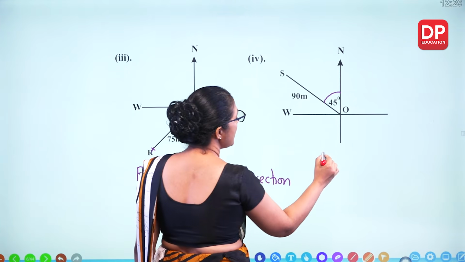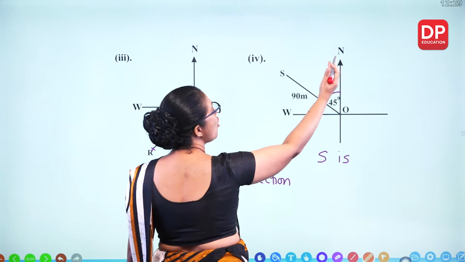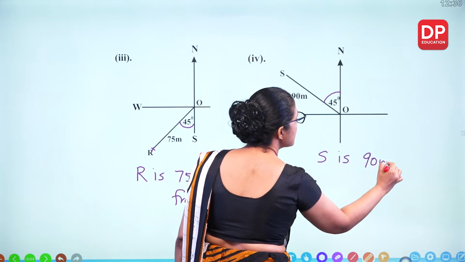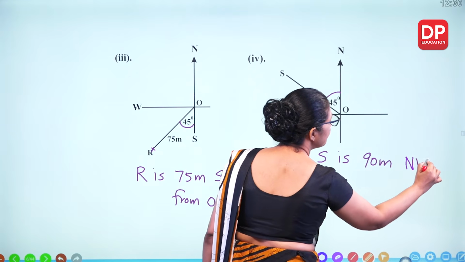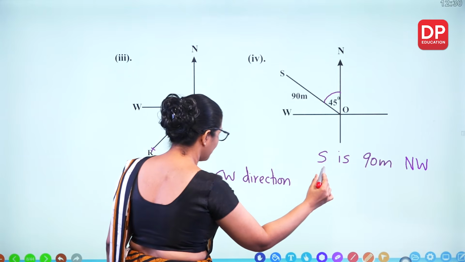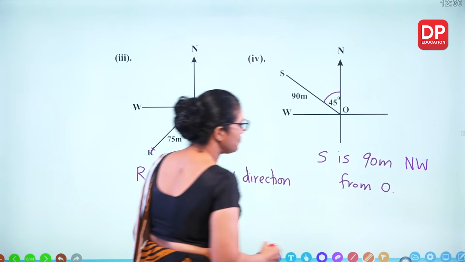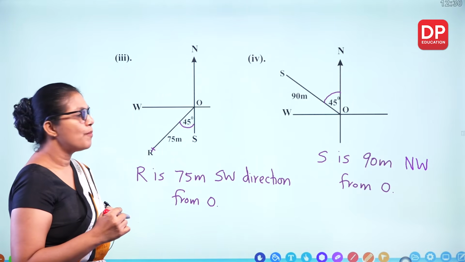So how can I write? S is in the direction northwest, 90 meters northwest from O. S is 90 meters northwest from O.